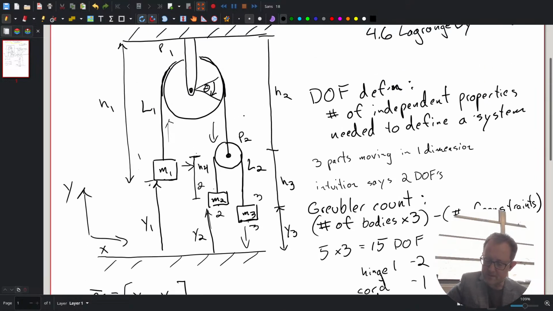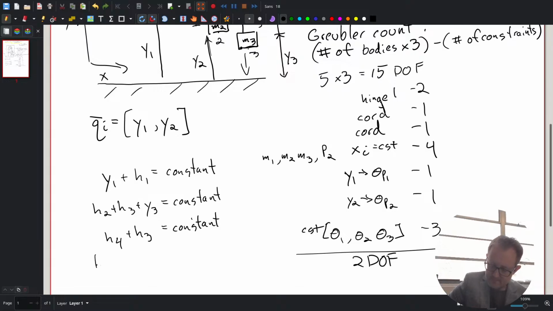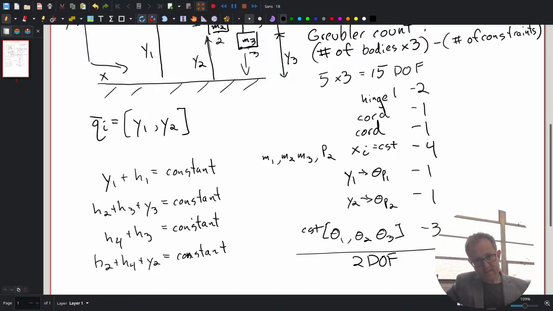And let's get h2 plus h4 plus y2. As long as I can write things into a math equation like this, I can start looking at derivatives.